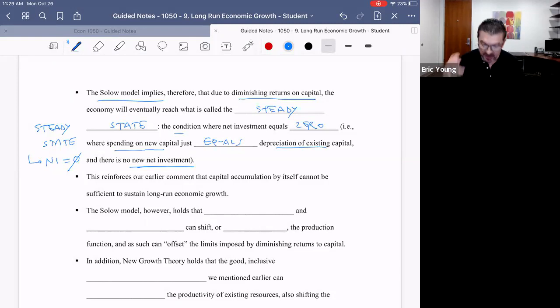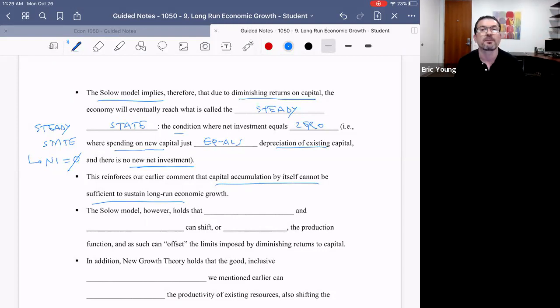You might notice that this reinforces what we said earlier, that capital accumulation by itself cannot be sufficient to sustain long-term economic growth, because we predict through the Solow model that we will not have ongoing infinite increases in the capital stock.